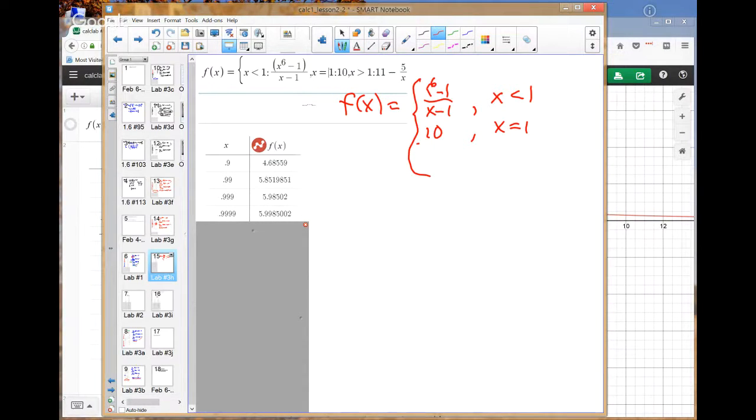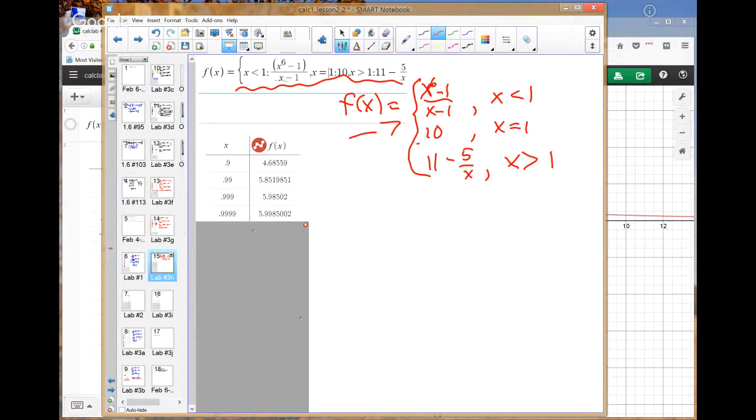And it's 11 minus 5 over x when x is greater than 1. So the old piecewise function. You see, I lost part of my x up here when I erased. So this just happens to be the way you write a piecewise function, and that could have been misleading. So this is what you're really looking at.